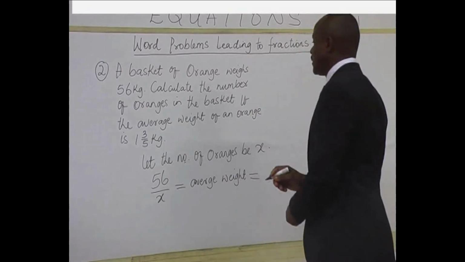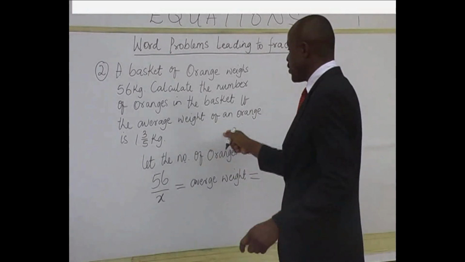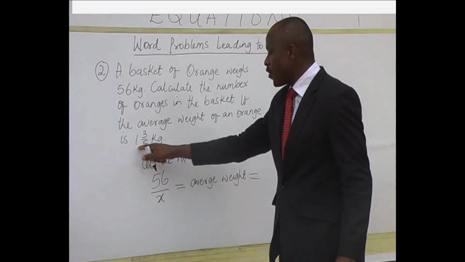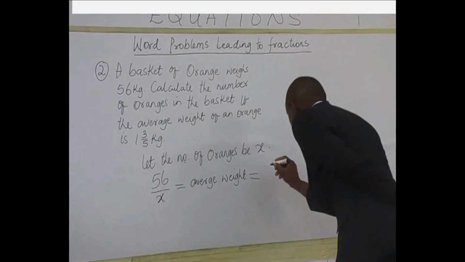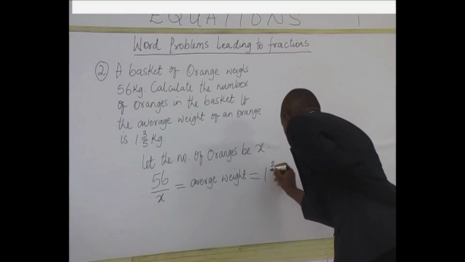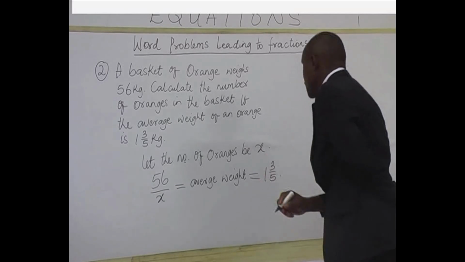And the question told you that the average weight of the orange is 1 whole number 3/5, so you can equate it to 1 whole number 3/5 kilograms.